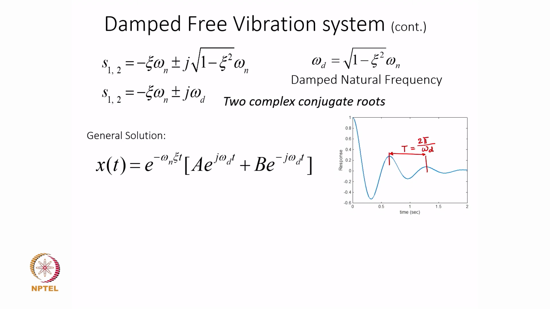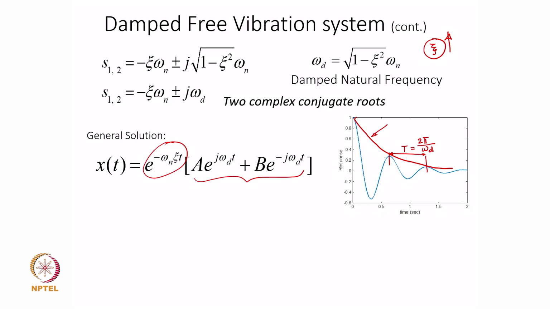That is the time period with which the vibratory system will oscillate, and depending upon the strength of the relative or normalized damping, the damping factor zeta, the rate at which the amplitude decays will be decided. The larger the value of zeta, the faster the decay in the response. This enveloping curve is the exponential quantity, and the oscillating part comes from the bracketed term here.